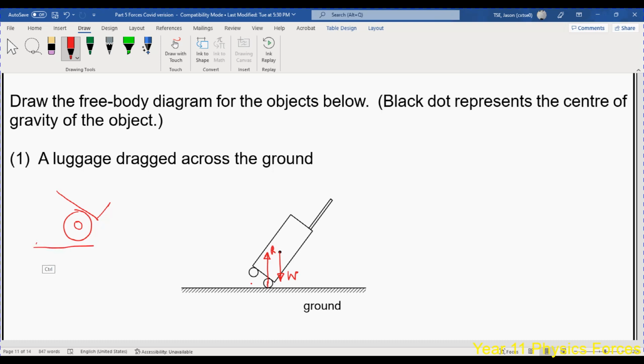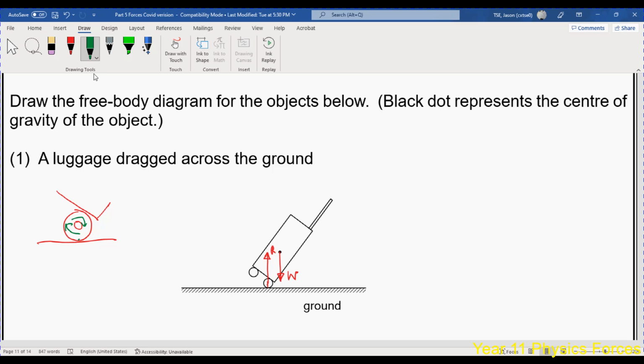So what should I do? It's very difficult to draw. If it's moving forward, then the bearing should roll like this. At that point, the bearings are rolling, moving to the left.